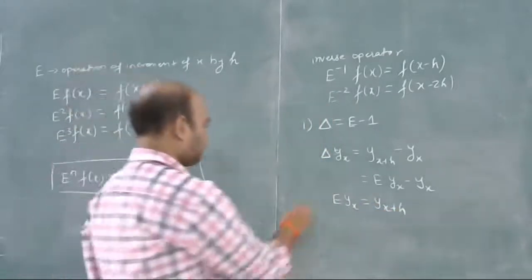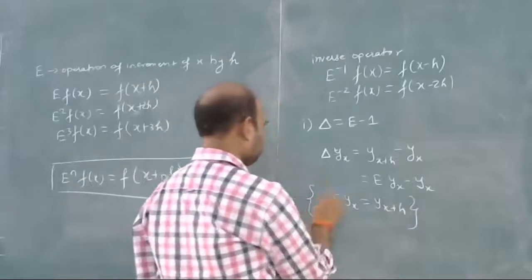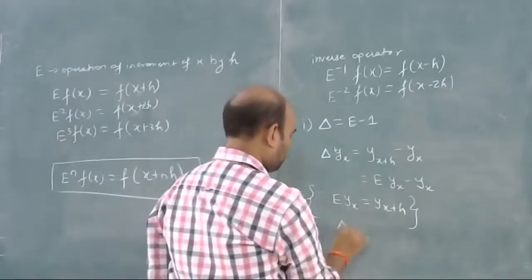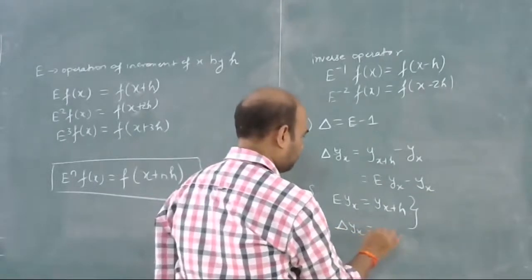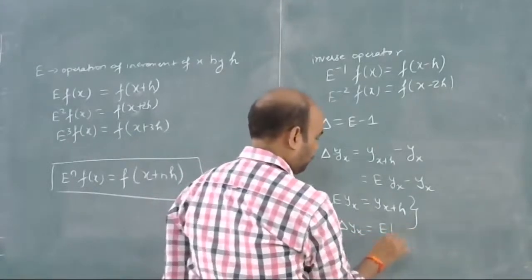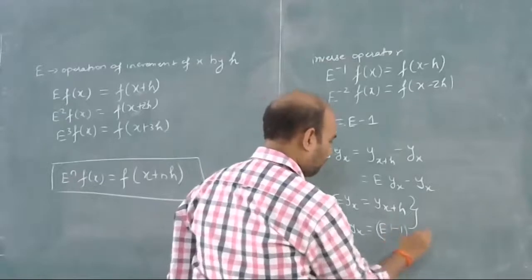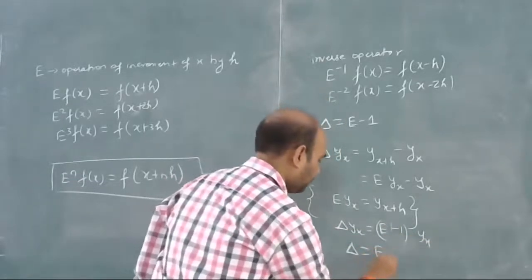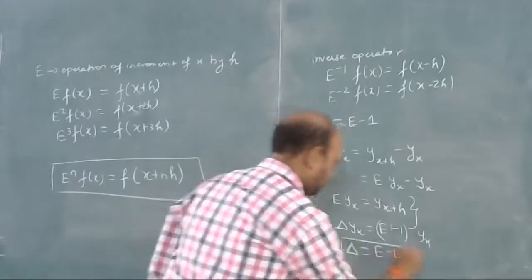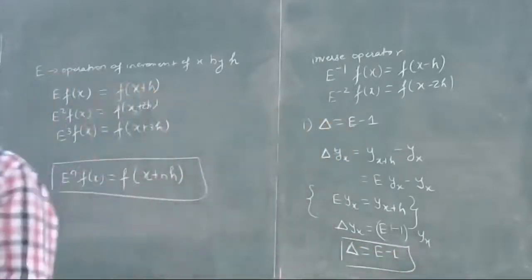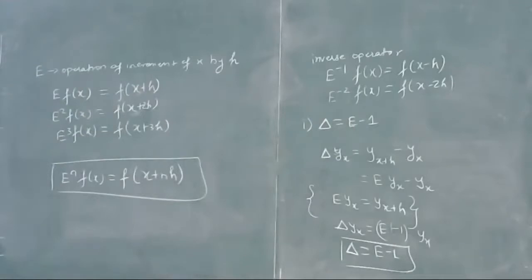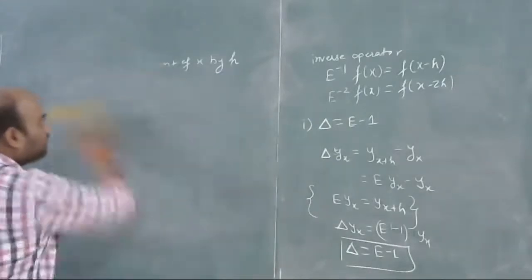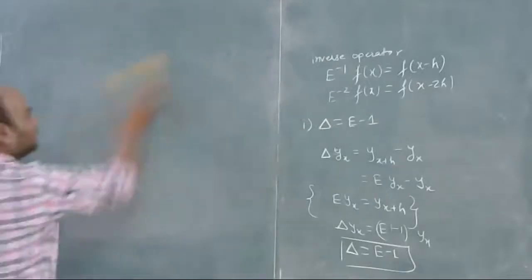Now taking y of x common, del y of x is equal to E minus 1 times y of x, and y of x gets cancelled out, so del is equal to E minus 1. So this is the first relation between E and del: del is equal to E minus 1.